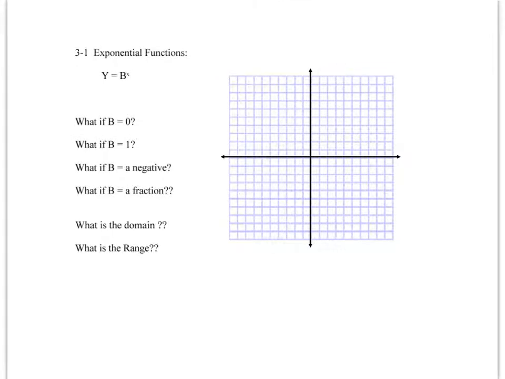Okay, just to review for a quick second here, our basic exponential function looks something like this. It's going to be asymptotic on the left-hand side of the y-axis. It goes through the y-intercept of 0, 1, and then it shoots up quick.